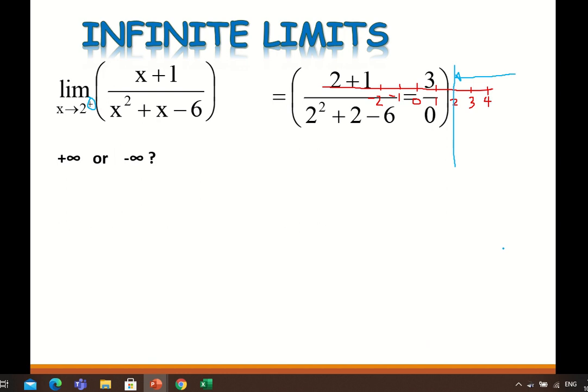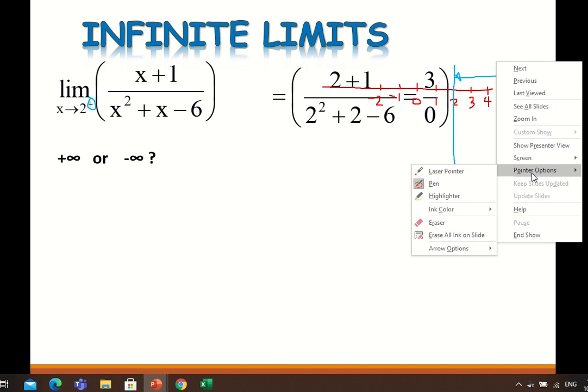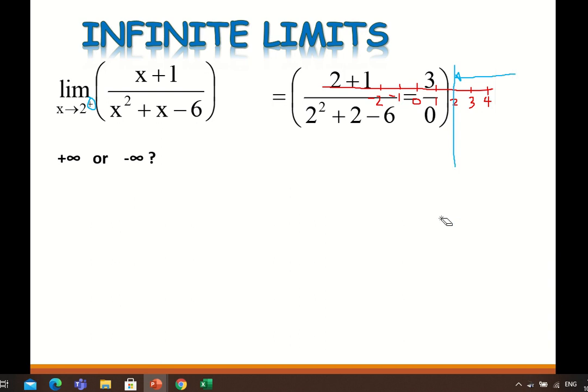Let me erase this one so that you can see it clearly. Okay, so as x approaches 2, we can substitute the value 2, for example.